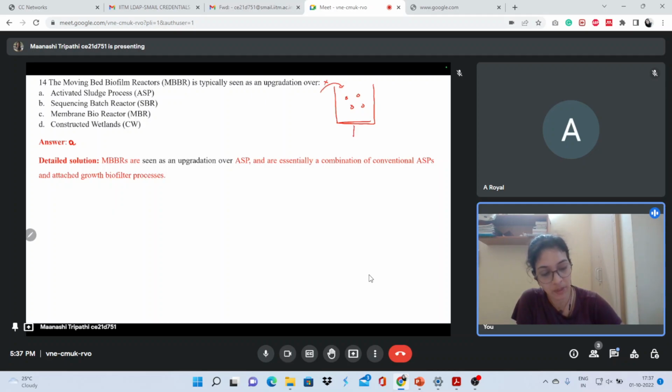Now water will come from here, feed, so that the organic matter in the feed and this plastic media are in contact. This media will be so light that when feed water is coming, it will jump inside the water. So that is what we want. So that is why it is an upgradation over ASP. Okay.